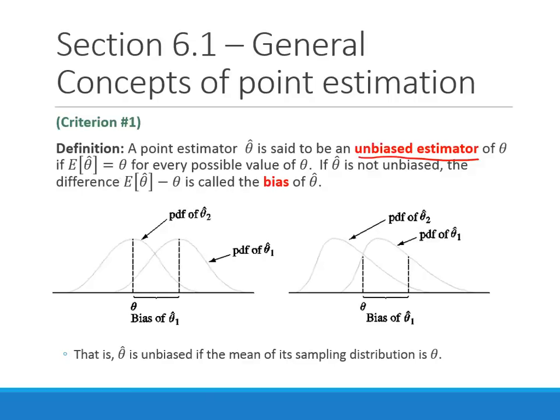So if the expected value of the estimate is equal to theta, then we're going to say that thing is unbiased. Of course, it could be biased, in which case we can calculate the bias. That's just the difference between what that estimator is expected to be and the actual truth. So that's my bias.